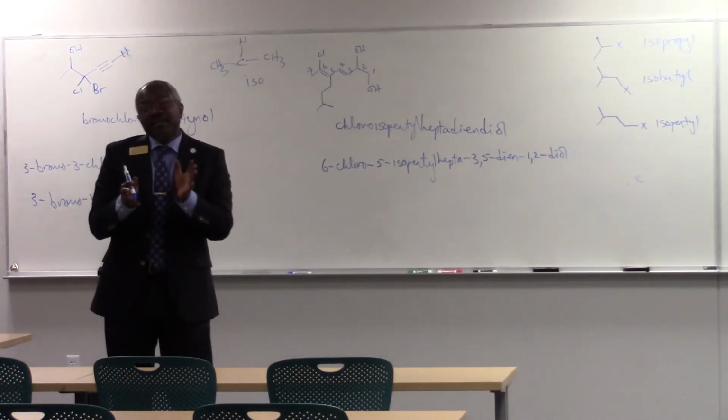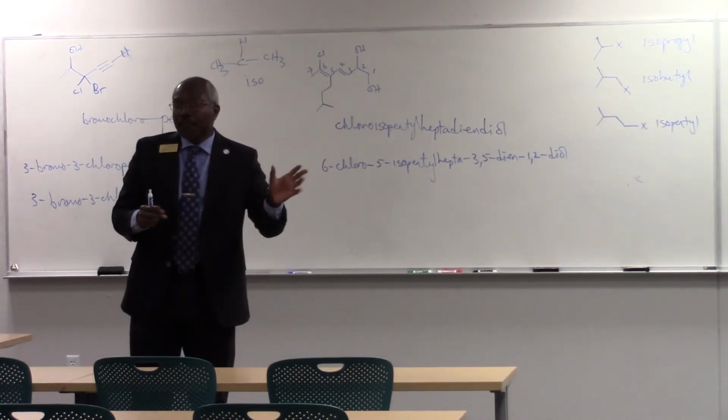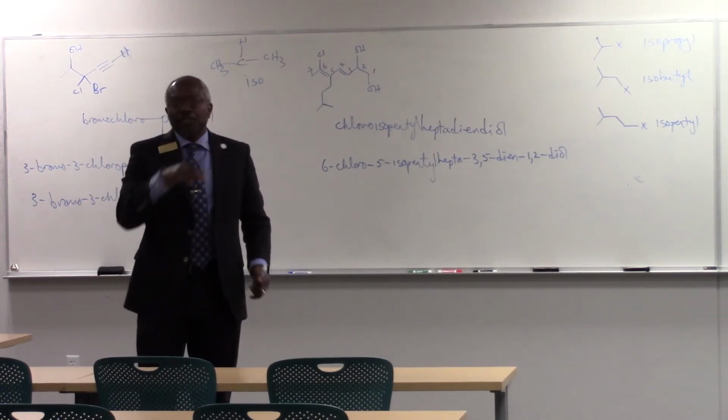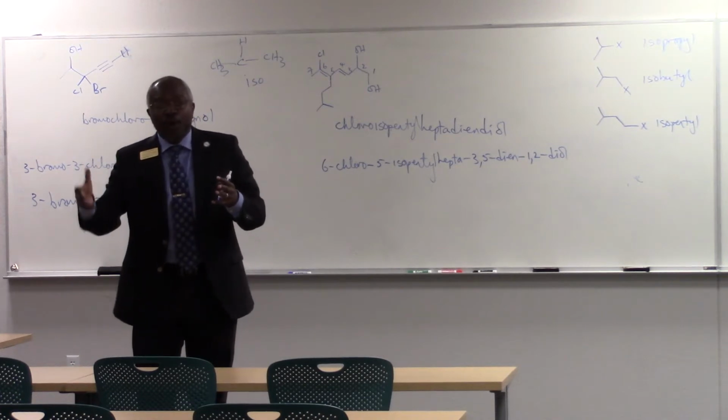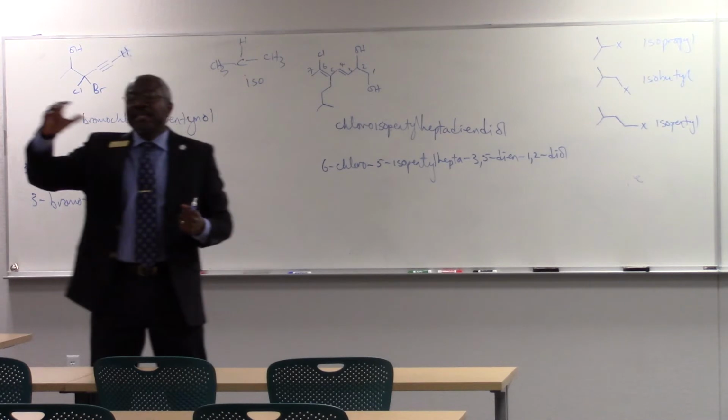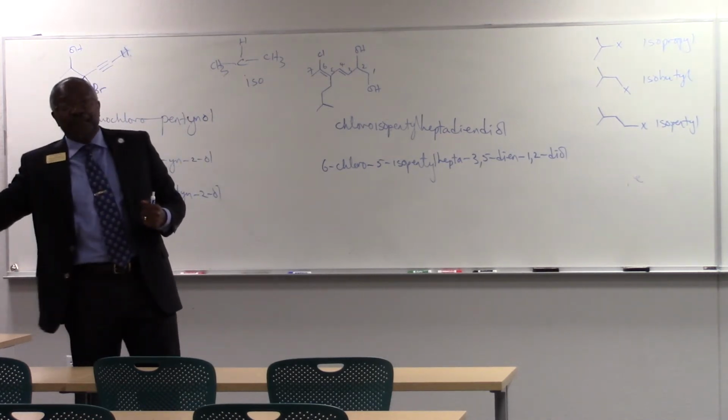Do I use cis-trans? Do I use E/Z? What's important is I can't mix conventions. So if I decide to use cis-trans for one, I must use cis-trans for the other. If I decide to use E/Z for one, I must use E/Z for the other.